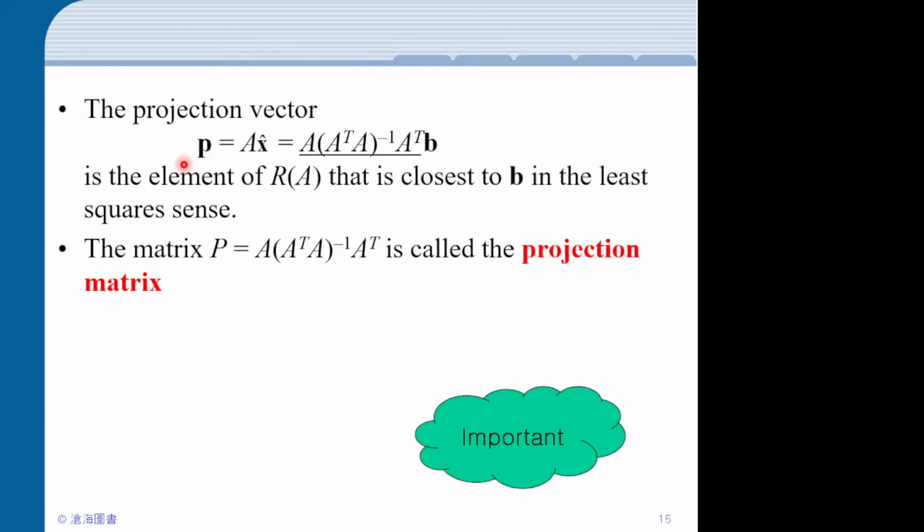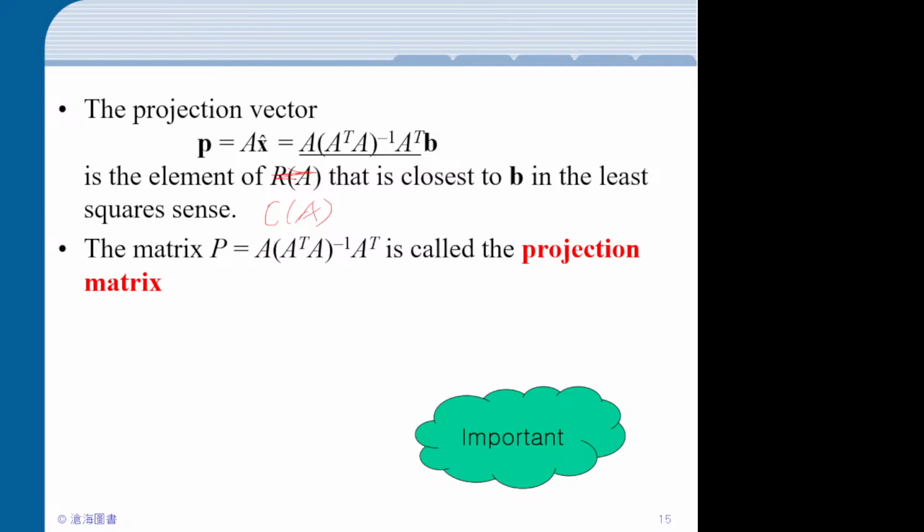If you want to find p, you just multiply A back, because remember p is A times x hat. We end up with this really long equation: p is equal to A (A^T A)^-1 A^T b. It's a really long equation, but that's p, and it's an element of C of A once again, and that's the closest point to b that we're talking about.